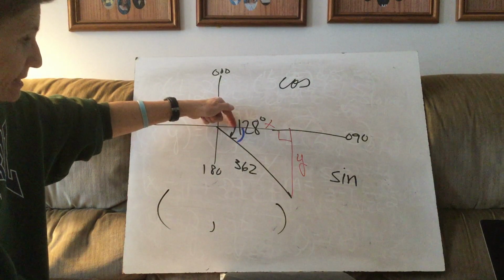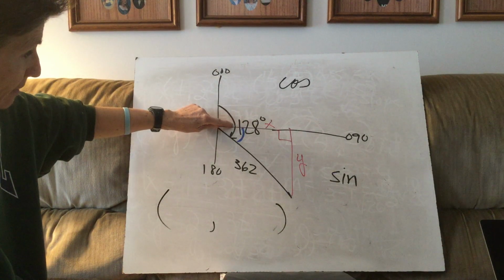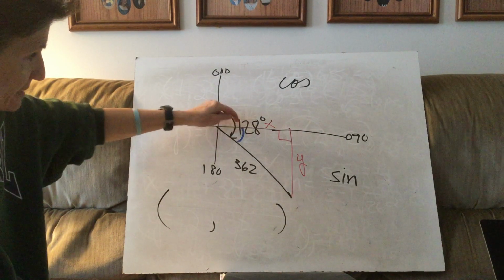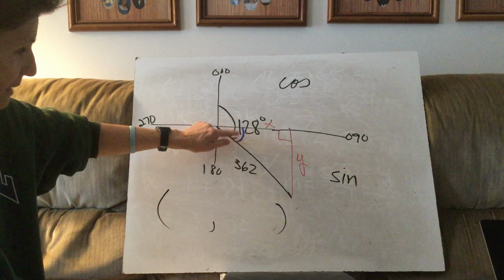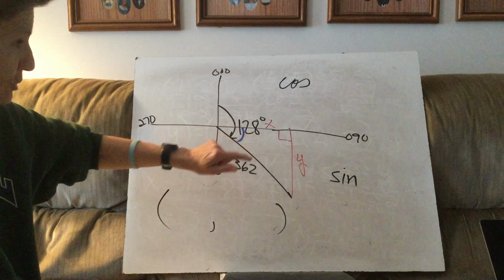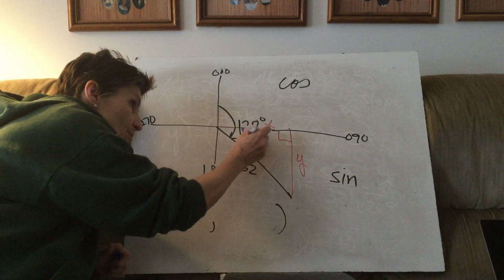This much is 90. So you have 90 plus some extra to get 128. So what does that extra have to be? Well, we're just going to do 128 minus 90. So that's a 38 degree angle.